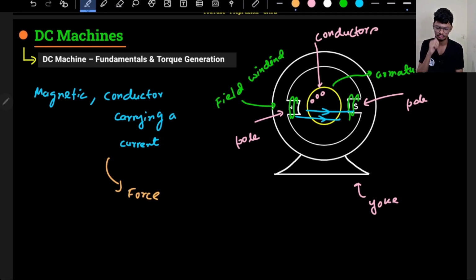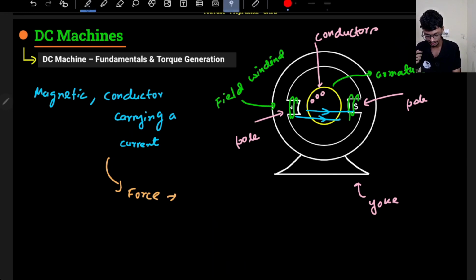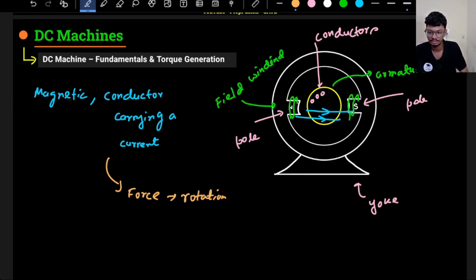Fleming's left hand rule, right hand rule, we will discuss that. There will be a force, and due to that force there will be rotation of the armature in any one direction, either clockwise or anti-clockwise. So due to the force there will be rotation. This is the basic phenomenon that we will work on.